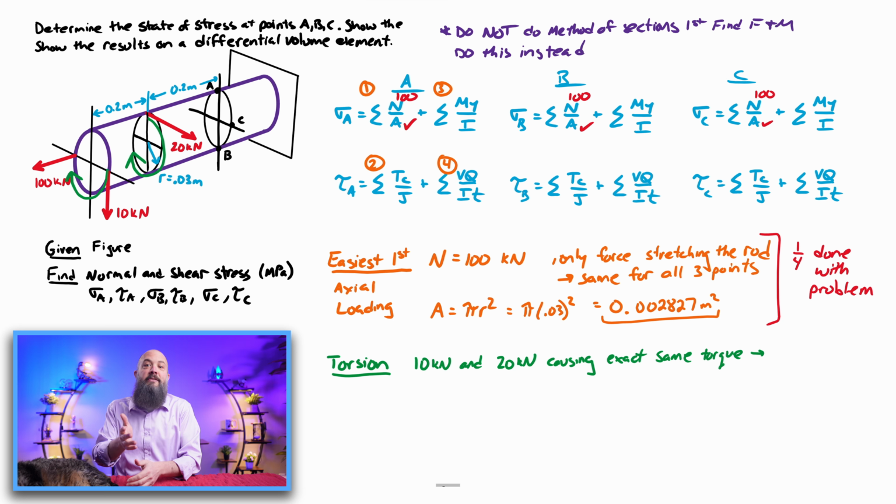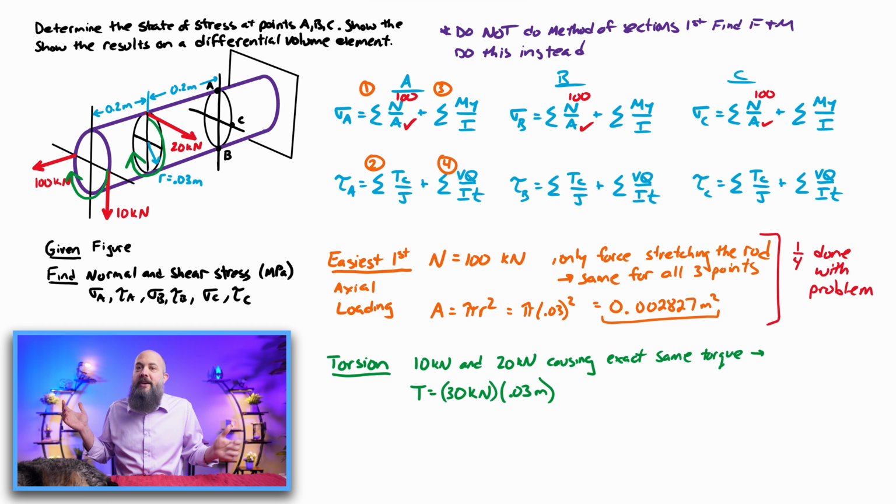So our T value is just going to be this 10 plus 20, so 30 times the radius, right? Torque is force times distance, just like moment, just about a different axis. And now we've got our T value, 0.9 kilonewton meters. C is going to be the distance for each of our points of interest, A, B, and C. How far away are they from the center?